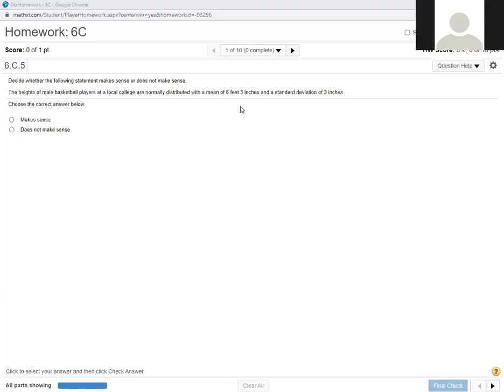So this question asks me, the heights of male basketball players at a local college are normally distributed with a mean of 6.3 inches. So they got a mean of 6.3 inches, with a standard deviation of 3 inches.